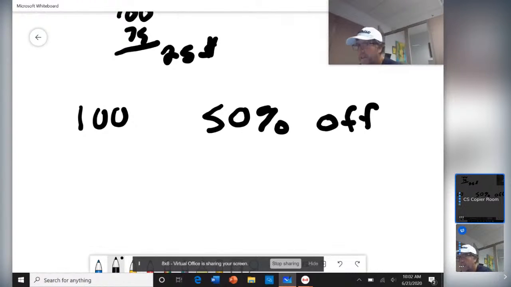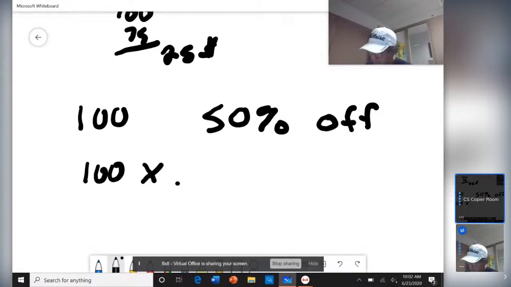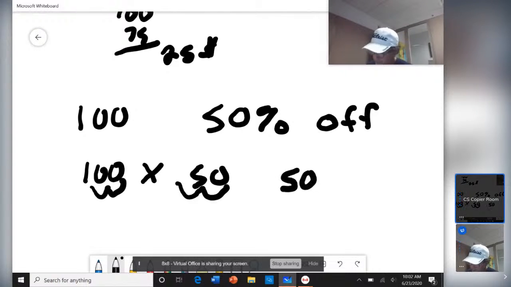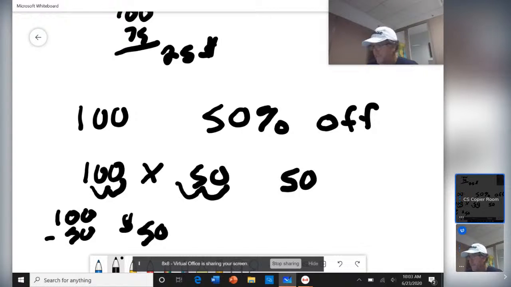So if they're $100, a half of 100 is 50. But if you want to do it, we can do the same thing. We'll do 100 times 0.50. Once again, we're going to move the decimal point 2 places to the right. That's going to be 50. And then we subtract the 100 minus the 50, and your shoes are only going to be $50, which is a really good deal. Okay?